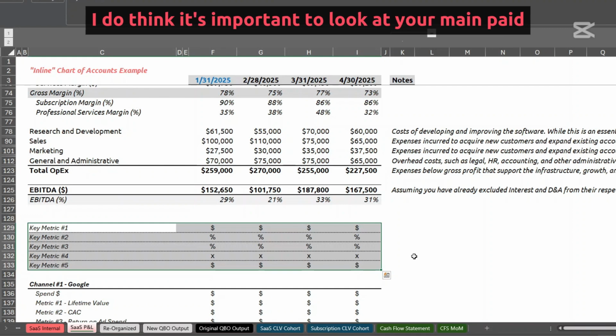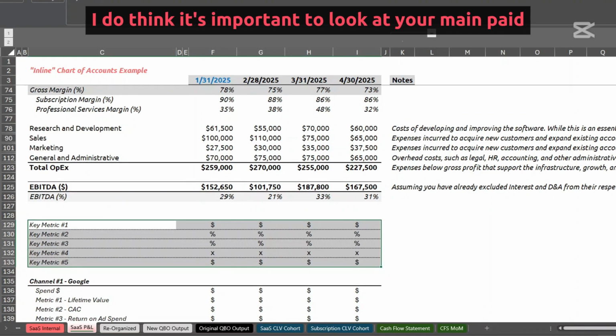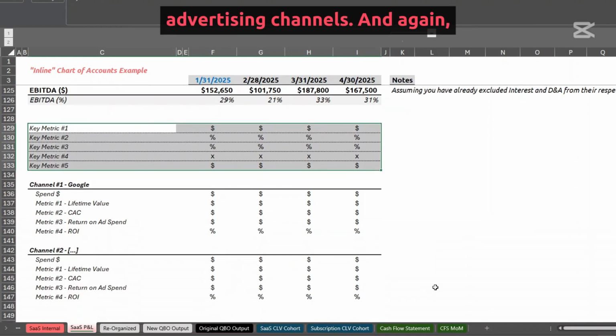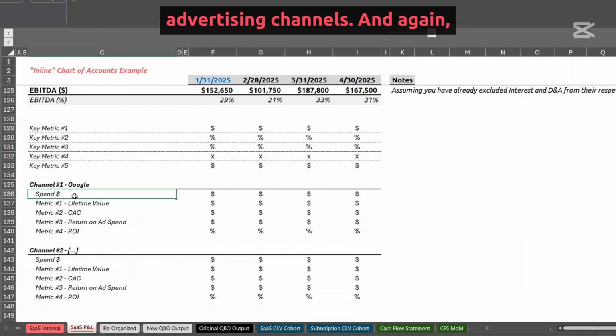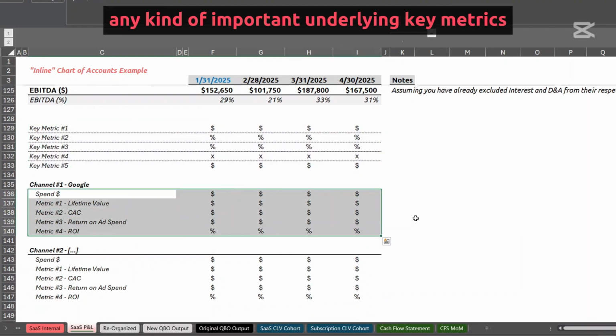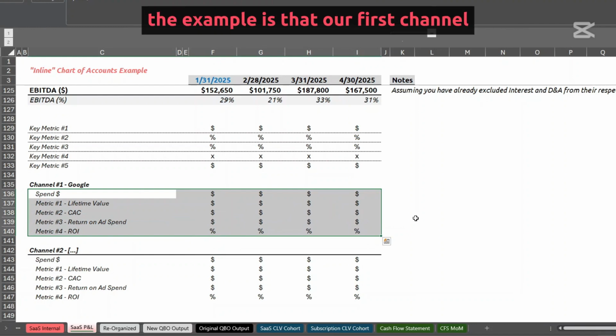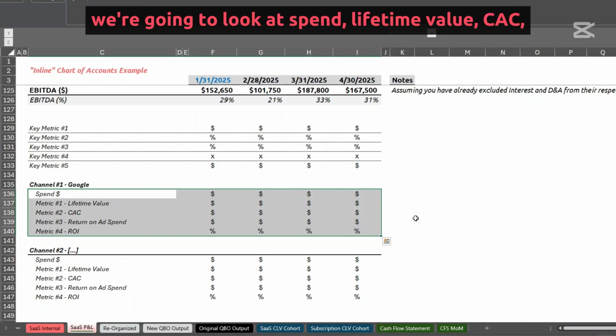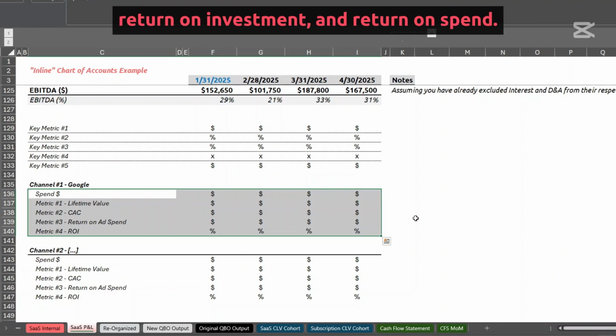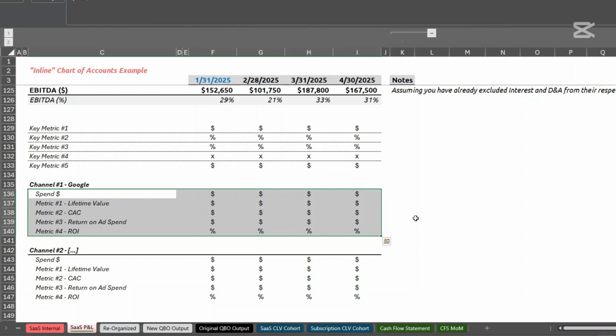And then finally, I do think it's important to look at your main paid advertising channels and, again, any important underlying key metrics within them. So in this case, the example is that for our first major material channel, we're going to look at spend, lifetime value, CAC, return on investment, and return on ad spend.